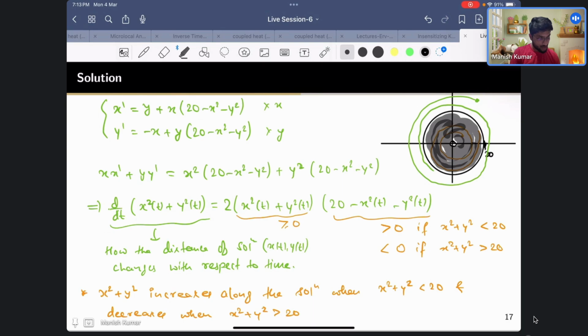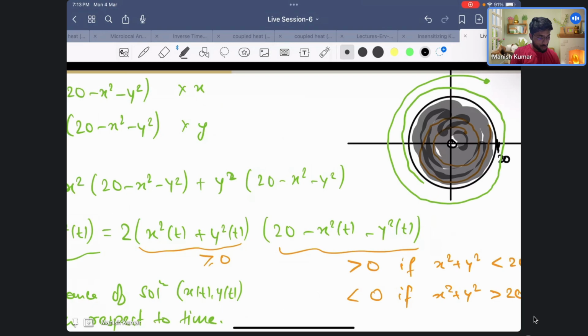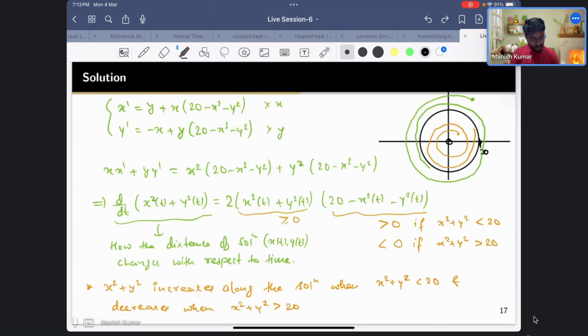So you can clearly see from the behavior that it cannot cross this black circle, because if it crosses, again it will push it towards here, right? So this will remain bounded in this black shaded region. Okay, so you have this much. So the ideal region should be the circle or the disk.